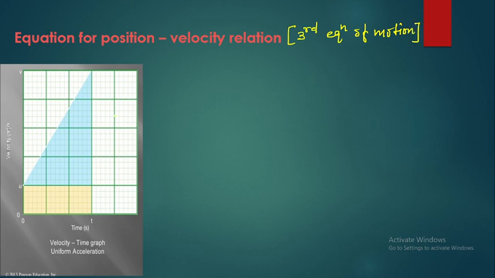Same from the velocity time graph, the distance traveled by the object in time t is small s, moving under uniform acceleration small a, and is given by the area enclosed within the trapezium OABC.